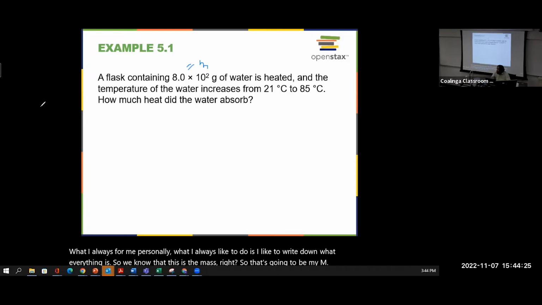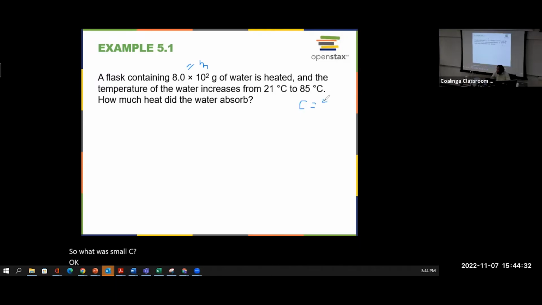So what was small c? Okay, small c is equal to 4.184. That sounds very familiar, doesn't it? And we know that that was joules per gram degrees Celsius.